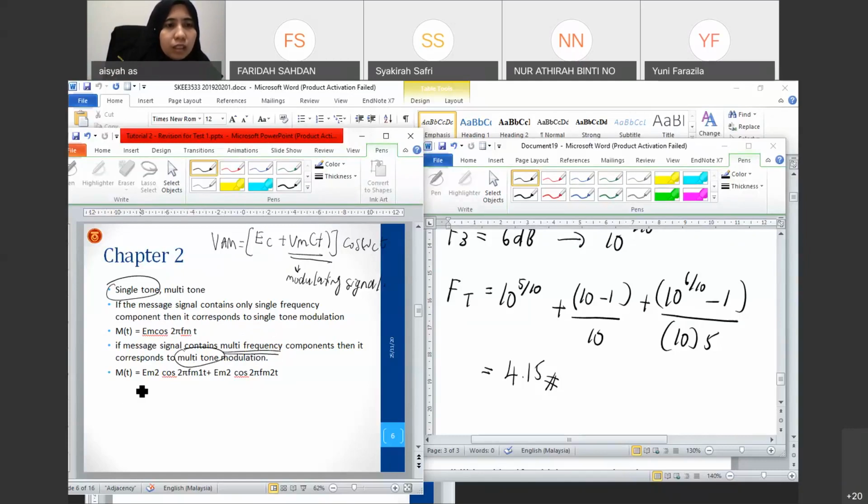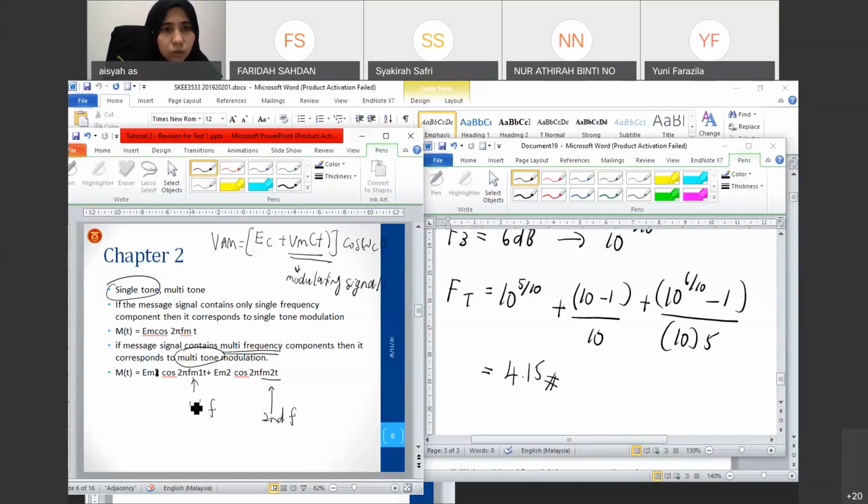For example, if the VMT, okay, this is VMT, we have EM1, FM1, that means the first frequency, and then we have a second frequency here. So it has many frequencies.